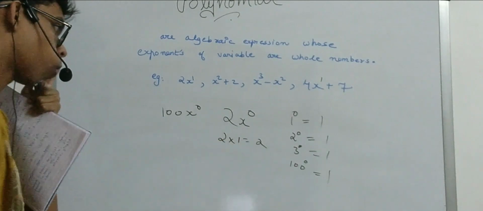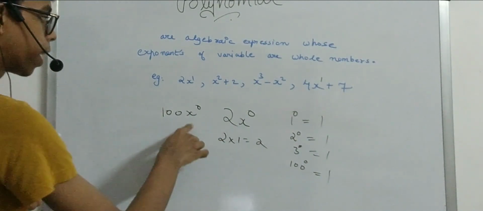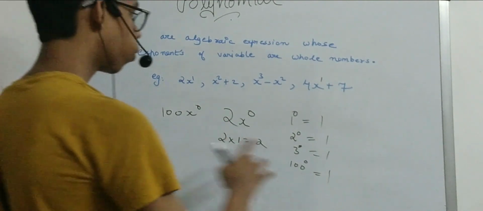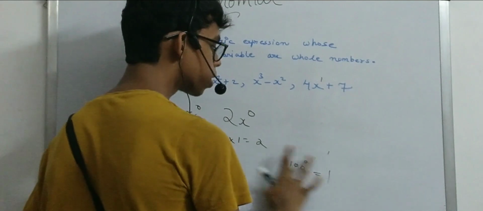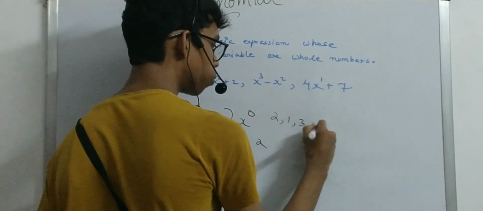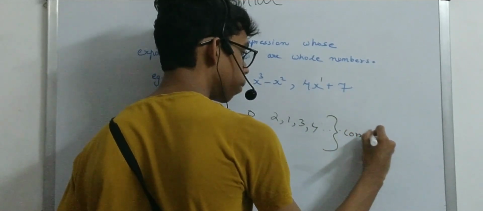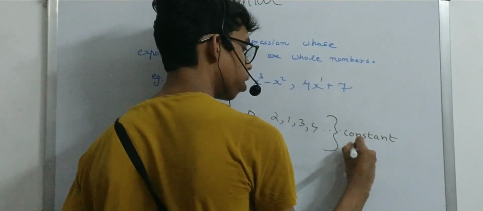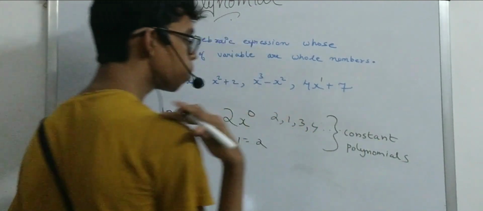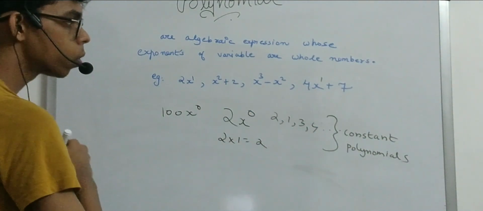This is again a polynomial, because we can write the variable with the power of a whole number. So we can call such polynomials, like this 2, 1, 3, 4, etc., constant polynomials, where the power of x is equal to 0.